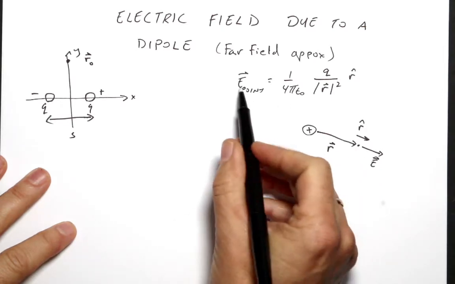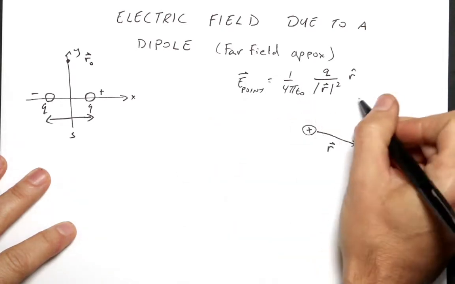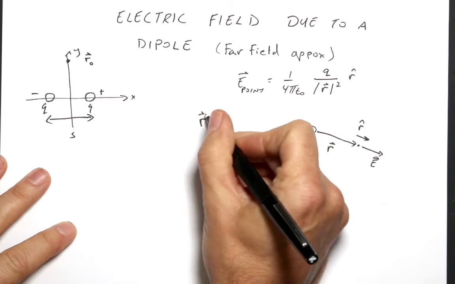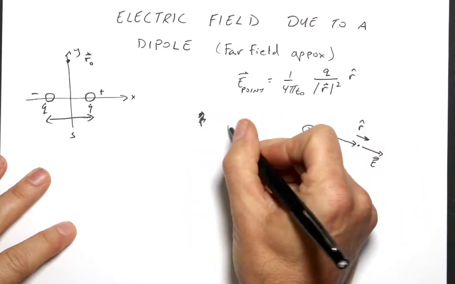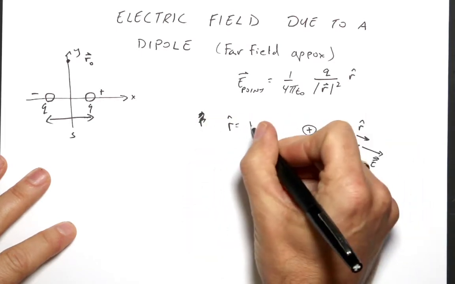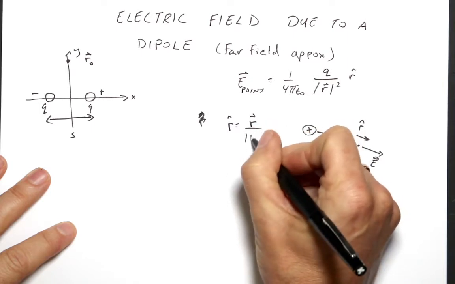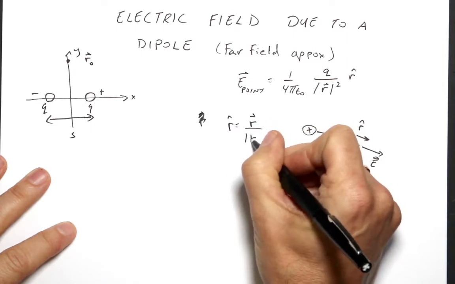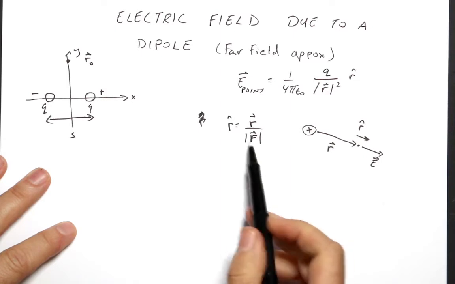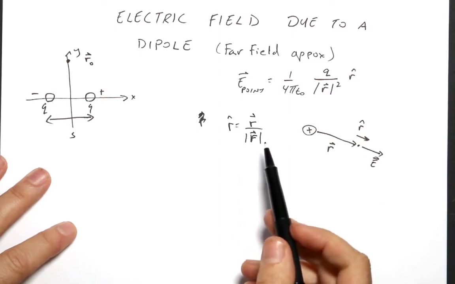Now, I actually want to write this out a little bit differently. If r hat is defined as the vector r divided by the magnitude of r, that's how we define the unit vector r hat.